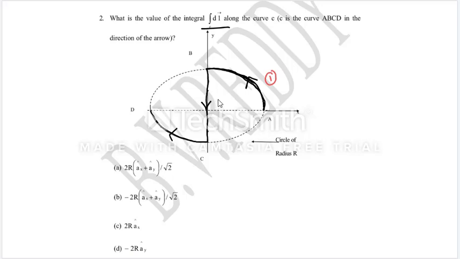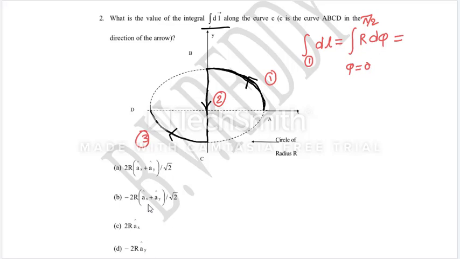Let us say this is the first path, the second path, and the third path. What is the variable here? Rho does not change, phi changes. So for the first path, dl, the radius is given as capital R, and the change in length is R d phi. The phi limits are 0 to pi by 2.